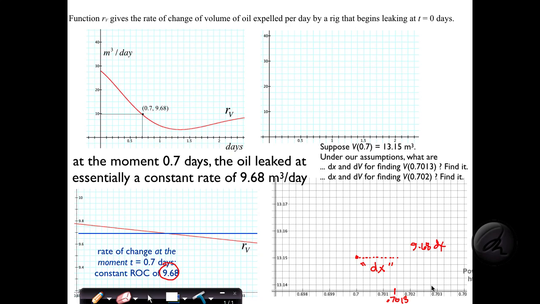So the vertical change, the dy value, that we came up with by the end of class for 0.7013 is 9.68 times 0.0013. And we came up with a value.